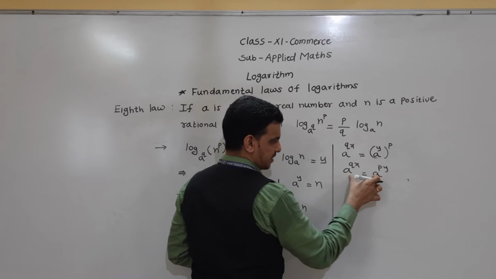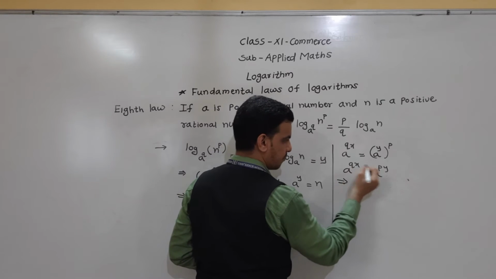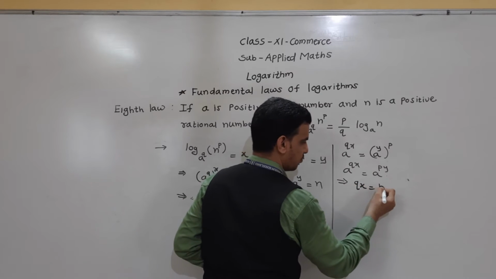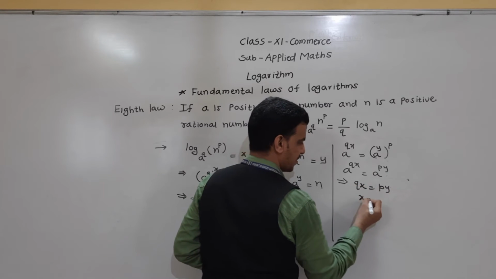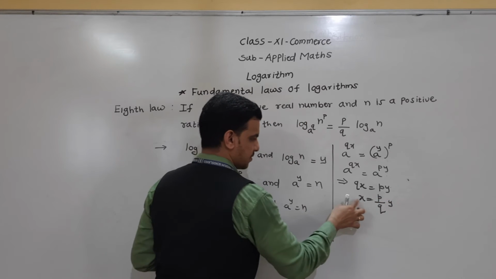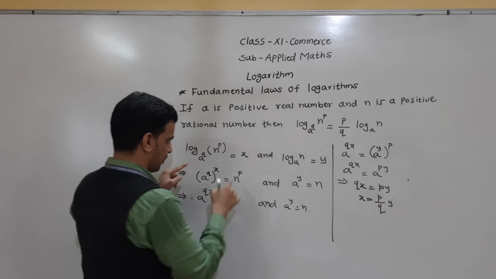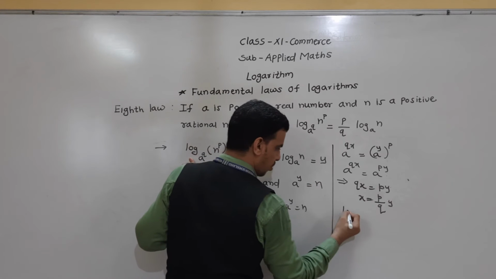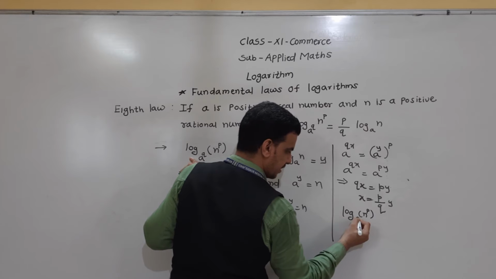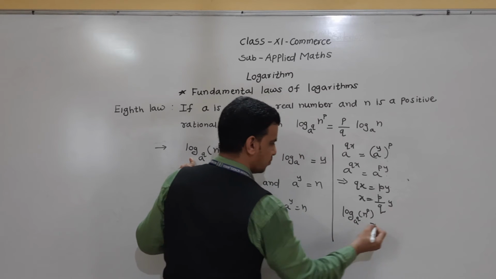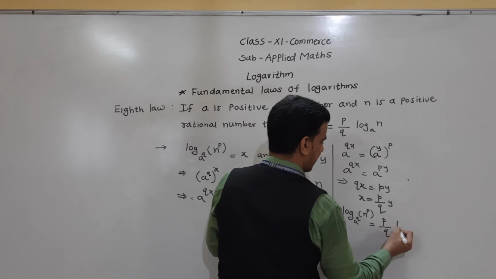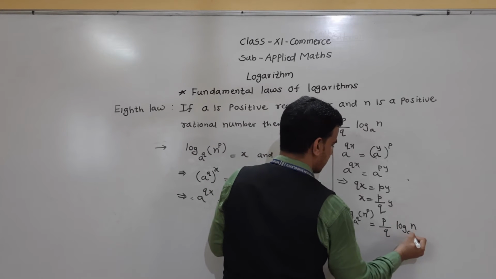So here the base is the same, so we can equate the exponents. So qx is equal to py, so the value of x is p by q into y. Now again resubstitute the values of x and y. So the value of x is log of n raised to p to the base a raised to q, which is equal to p by q, and the value of y is log n to the base a.